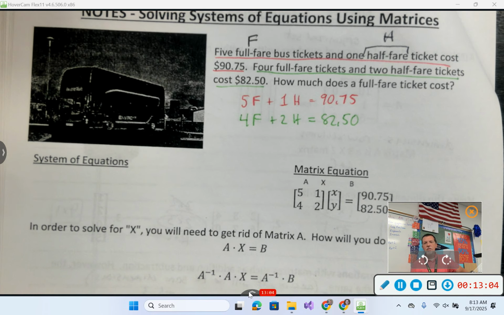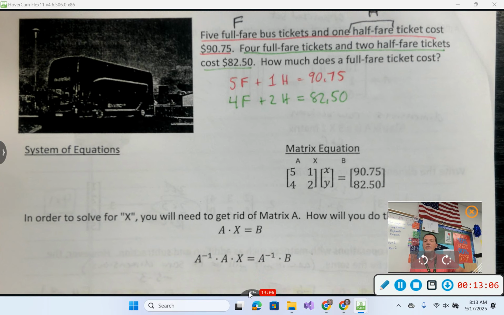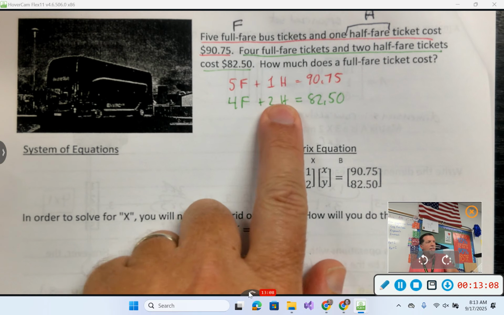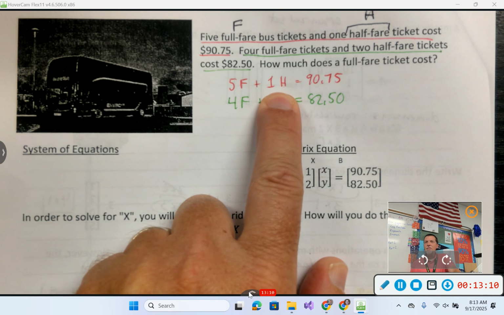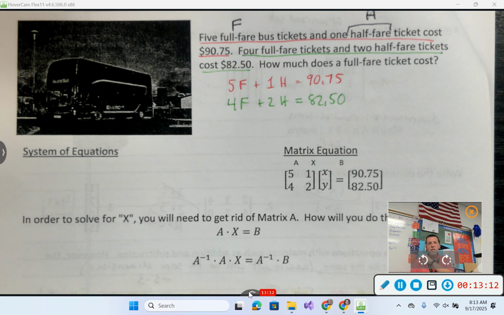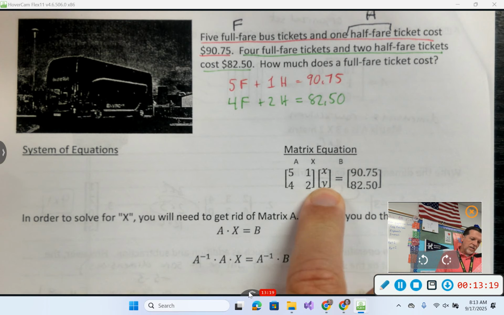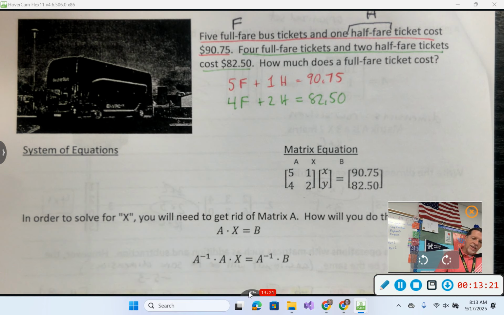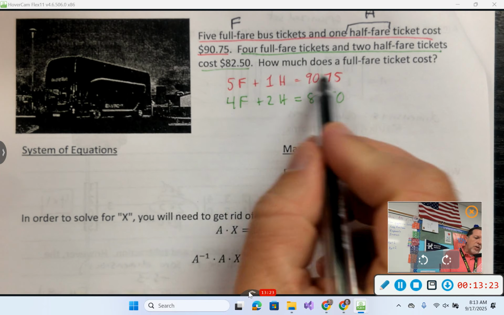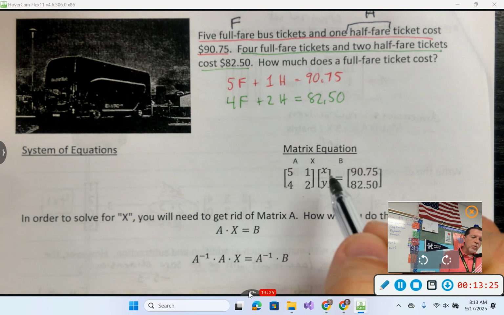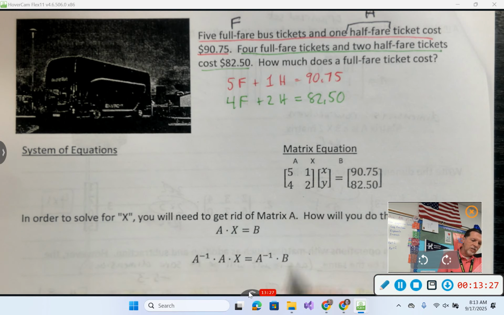Okay, there's our system of equations. We know how to solve that. If we were going to solve this by hand, I'd multiply the top one by -2 so that I can combine them and figure out what F is and then work backwards. But we're going to learn how to do it with a matrix. You can write these 2 equations as one matrix equation.